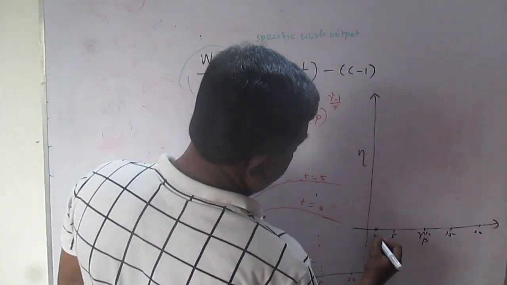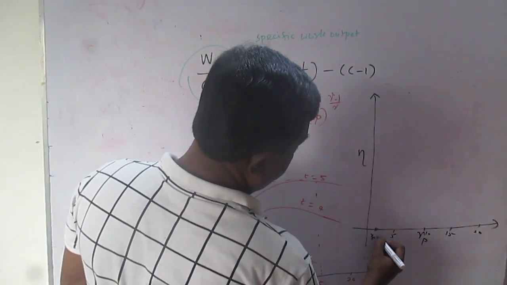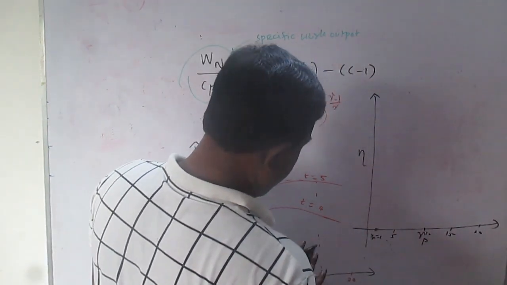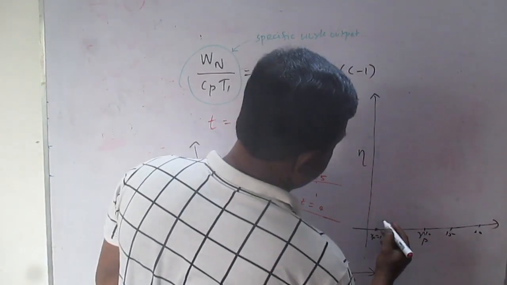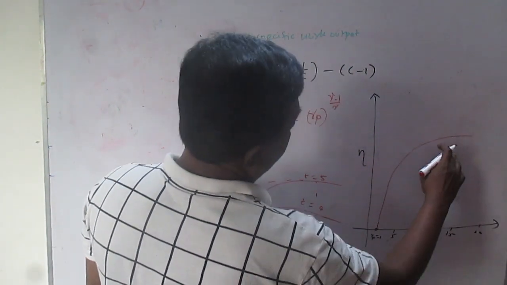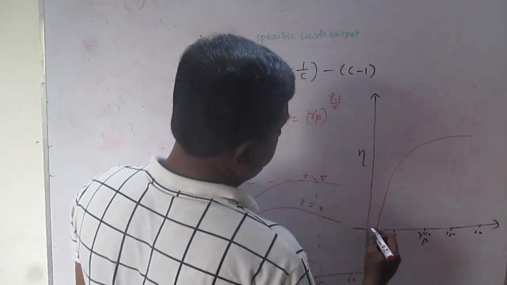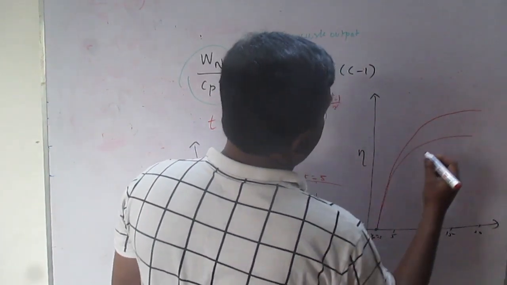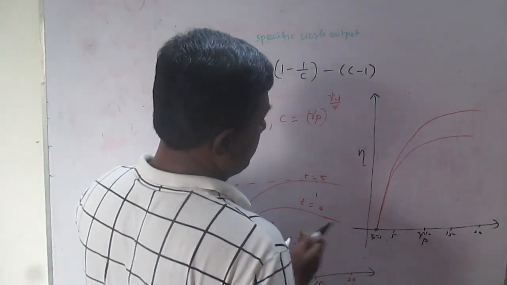When Rp equal to 1, the curve becomes something like this. So this is for gamma equal to 1.4, and we have one more curve for gamma equal to 1.67.